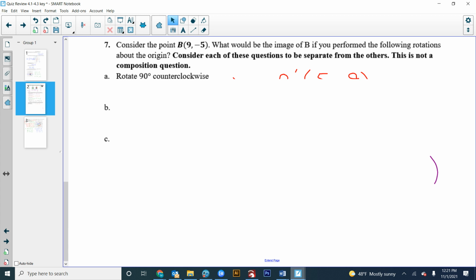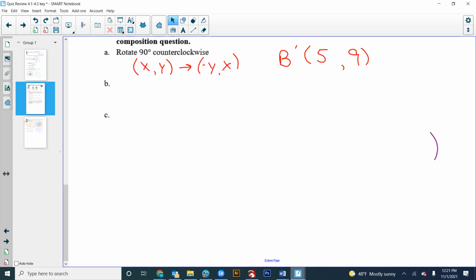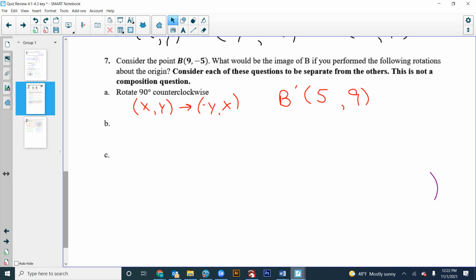So what's our 90-degree counterclockwise rotation rule, Cole? Isn't it negative y, x? Let's check. Negative y, x. So if we have 9, negative 5, we take negative 5, we make it opposite, and put it in the x position. And then move the 9 to the y position.